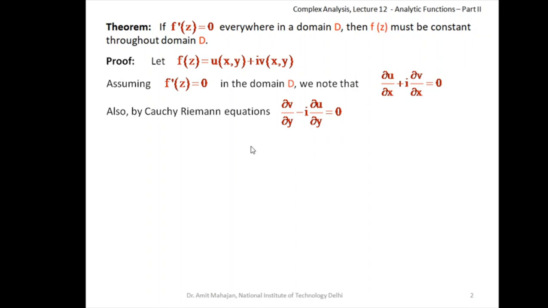So this immediately implies that ∂u/∂x is 0, ∂u/∂y is 0, ∂v/∂x is 0 and ∂v/∂y is 0 at each point in the domain D.